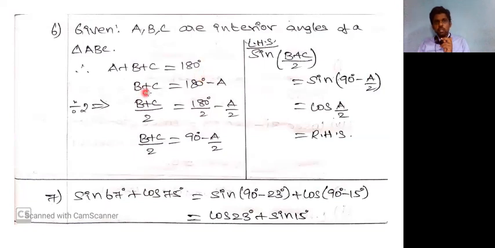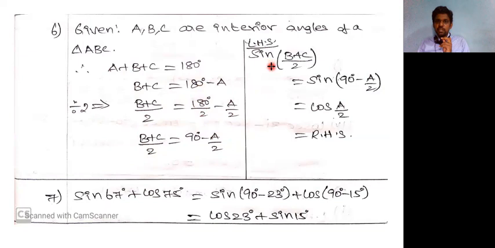So what is B plus C? 180 minus A, taking this A to the other side. Now divide the whole equation by 2. So we have (B + C)/2 is equal to 180/2 minus A/2. What is 180 by 2? 90. So (B + C)/2 is equal to 90 − A/2.